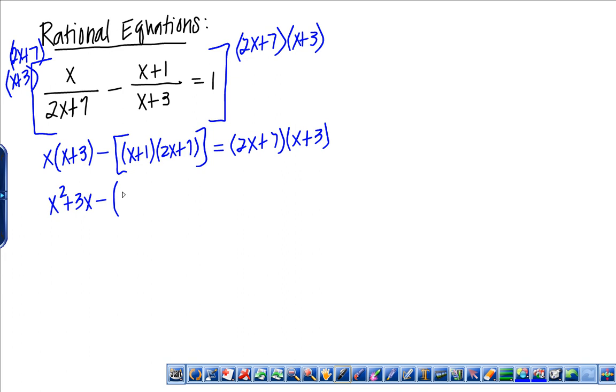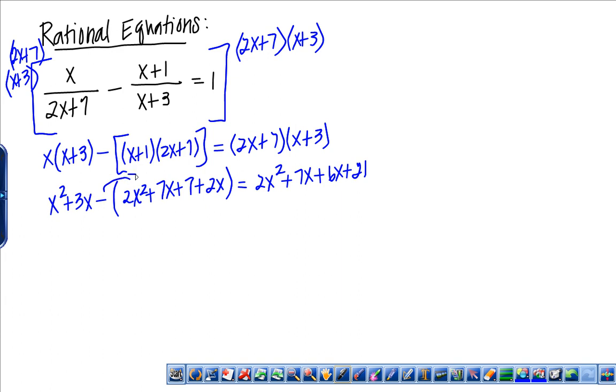So this gives me a 2x squared and then a 7x plus 7 plus 2x. This gives me a 2x squared plus 7x plus 6x plus 21.